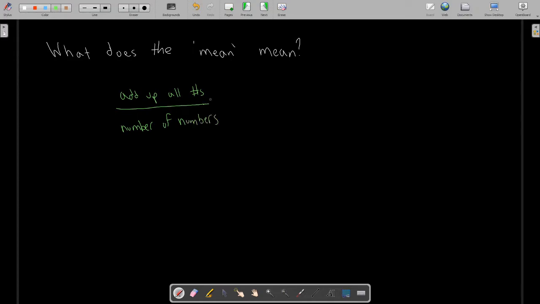In a more formal definition, you might see a mathematical formula for this, represented by the sum from 1 to n of x_i, divided by n. This is just another fancy way of saying the same thing.